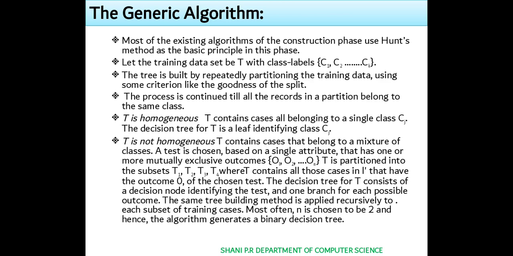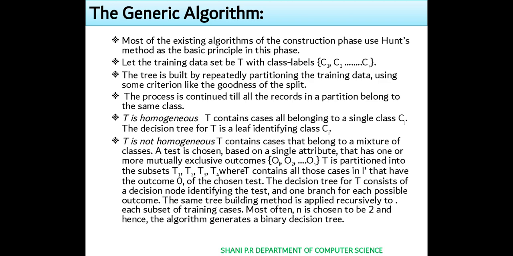T contains cases that belong to a mixture of classes. A test is chosen based on a single attribute that has one or more mutually exclusive outcomes, that is O1, O2 to On. So when we are considering the single attribute, we have many results. So they are mutually exclusive outcomes.